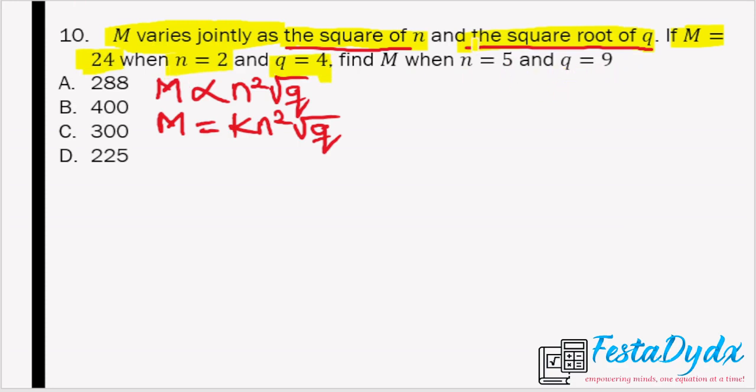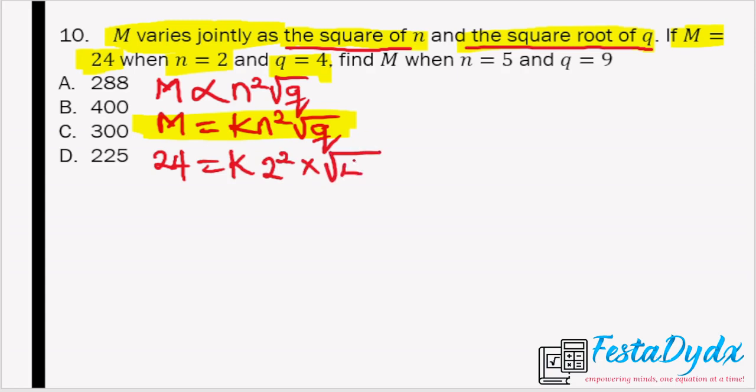So let's do this one first. If m is equal to 24, n is equal to 2 and q is equal to 4, I'm going to substitute the values in this equation, and we'll be able to get the constant k. So m is 24 equal to k, n square, which is 2 square, times the square root of q.